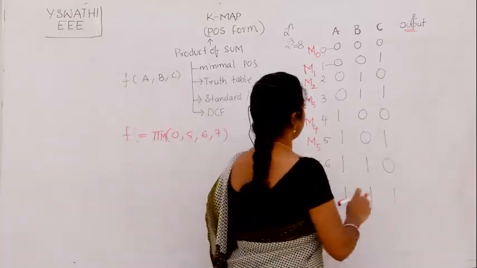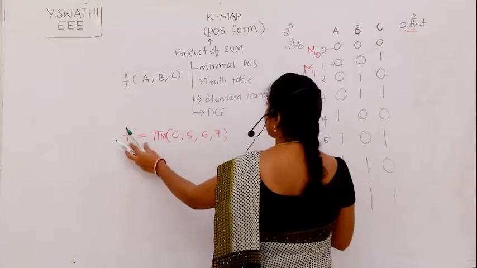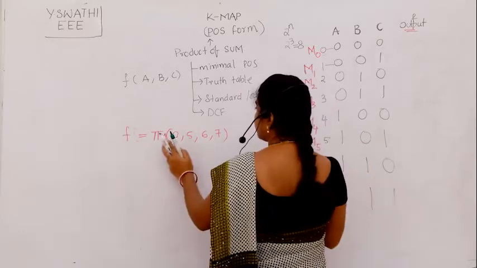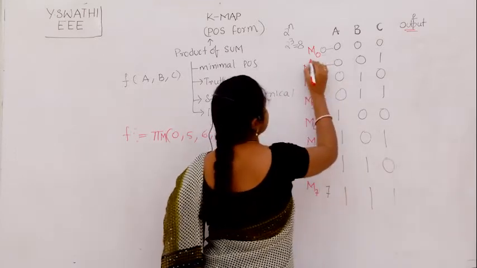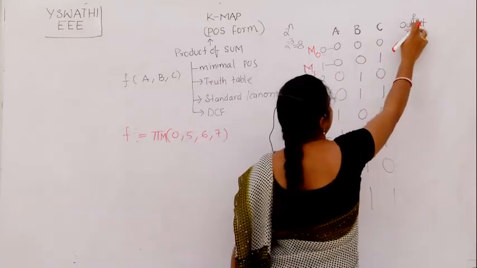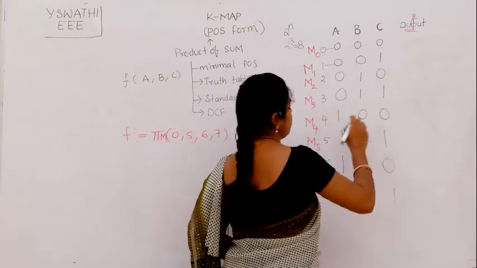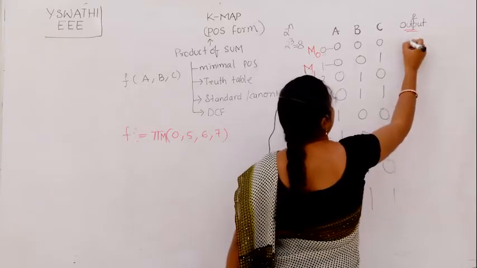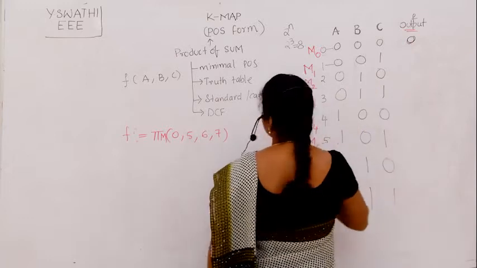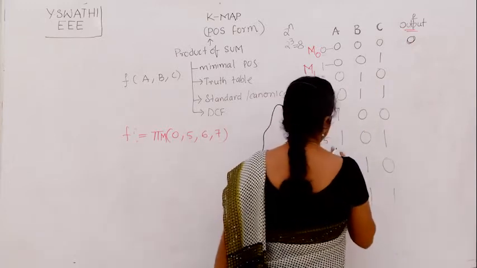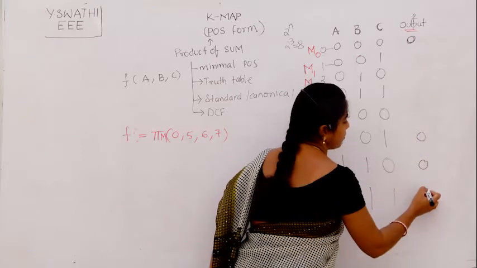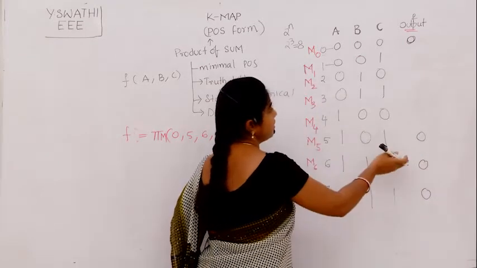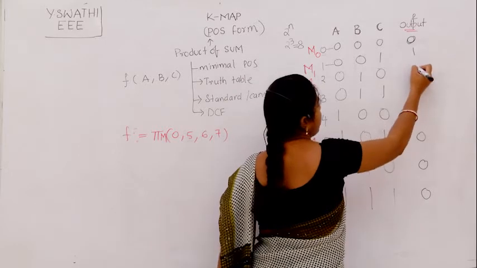So what are the max terms? 0 5 6 7, right? For the 0 combination, my output is represented with 0. And 5 6 7, these are also represented with 0. And the rest of the terms will have output as 1.